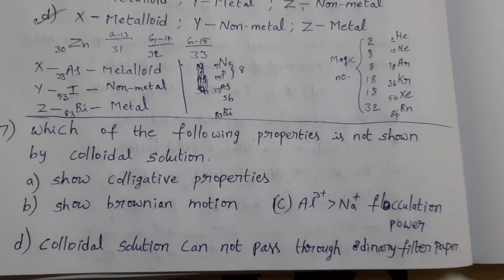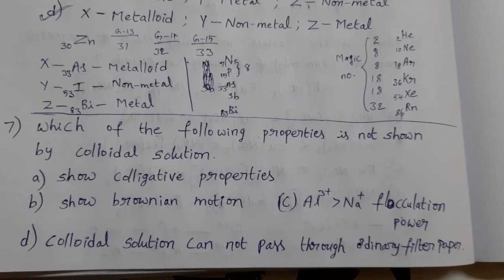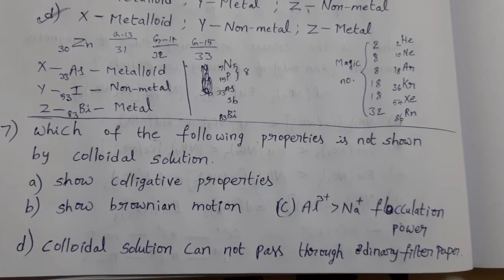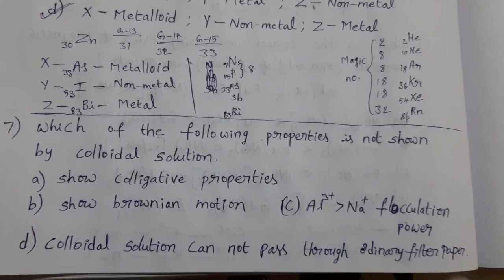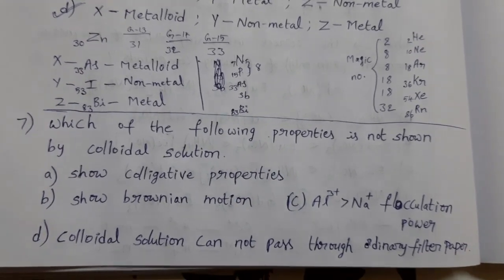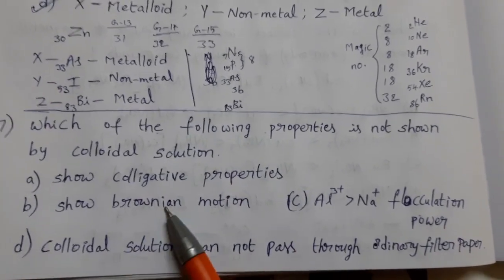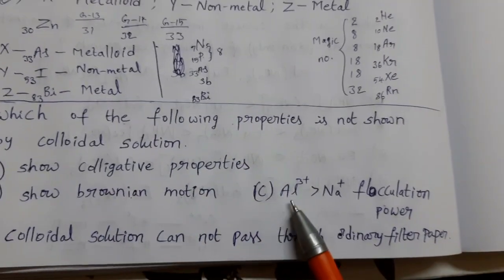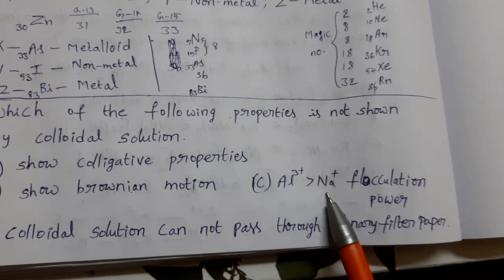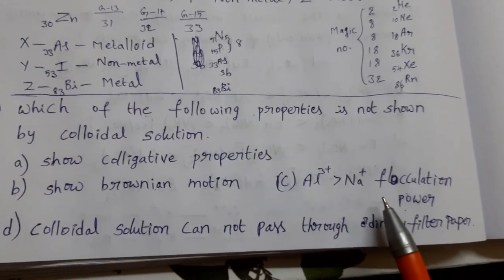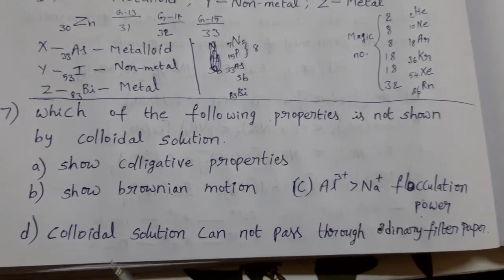Which of the following properties is not shown by colloidal solutions? Option 1, show colligative properties. Yes, colloidal solutions exhibit colligative properties. Colloidal solutions show Brownian motion. Al3+ greater than Na+ flocculation power can also be related to colloidal solution.